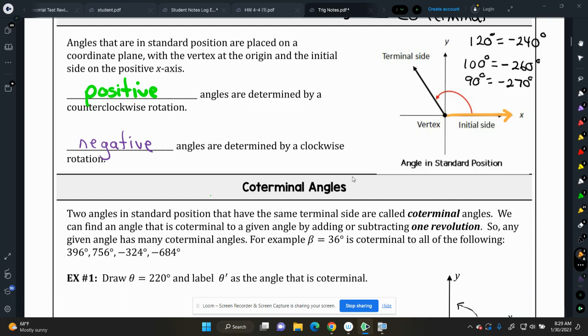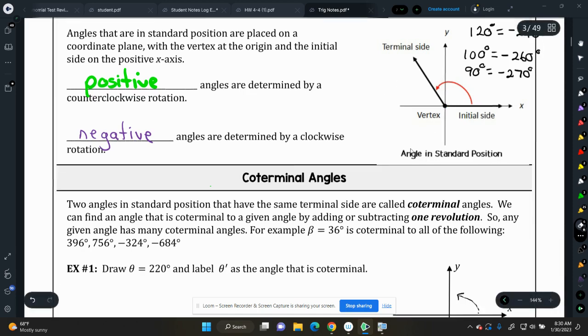Starting there, there's no motion. Starting right there is like, okay, we're ready to start. And then we rotate and end up at our terminal side. At least for now, our initial side will be the positive x-axis.